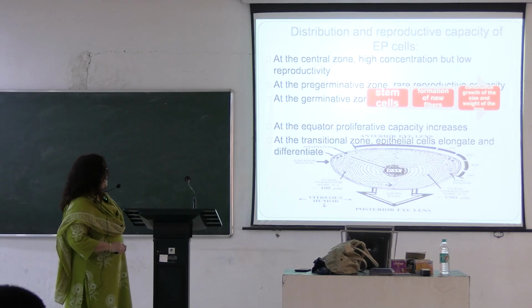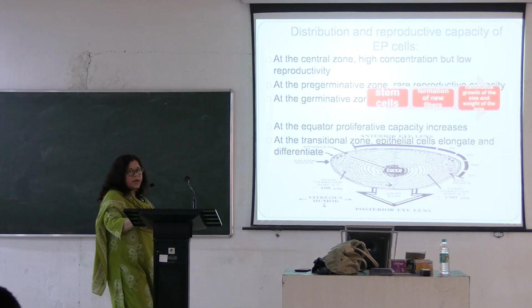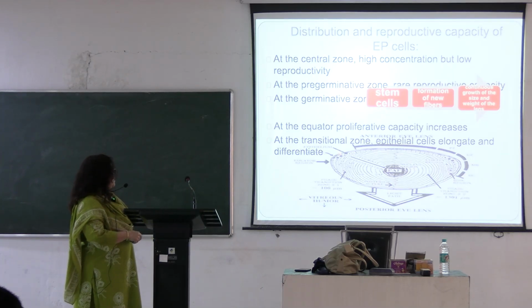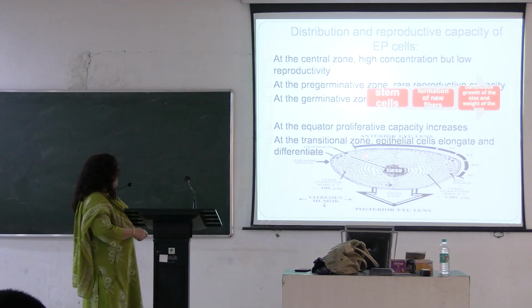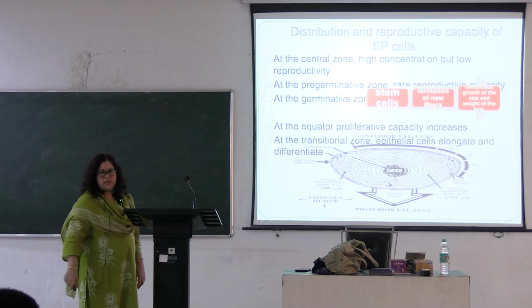And at the equator, its proliferative capacity increases, and the transitional zone is where the epithelial cells elongate. Here this is the transitional zone, here the epithelial cells are cuboidal cells, and here they change into columnar cells, and that's why they elongate and form the posterior capsule of the lens.